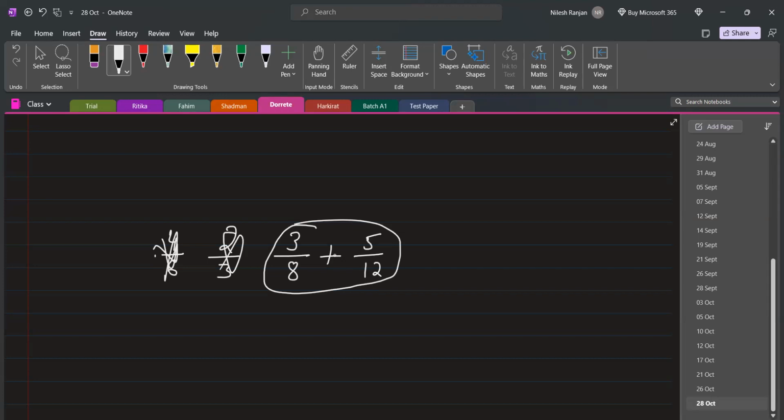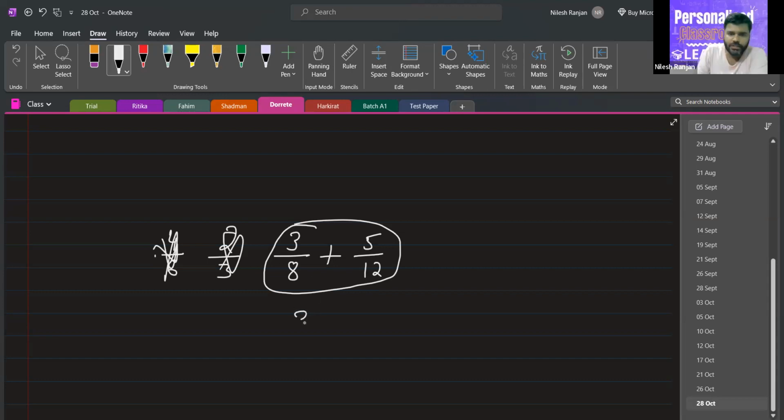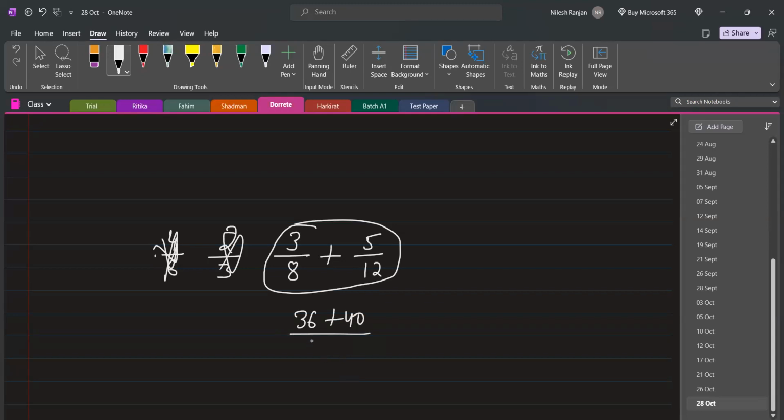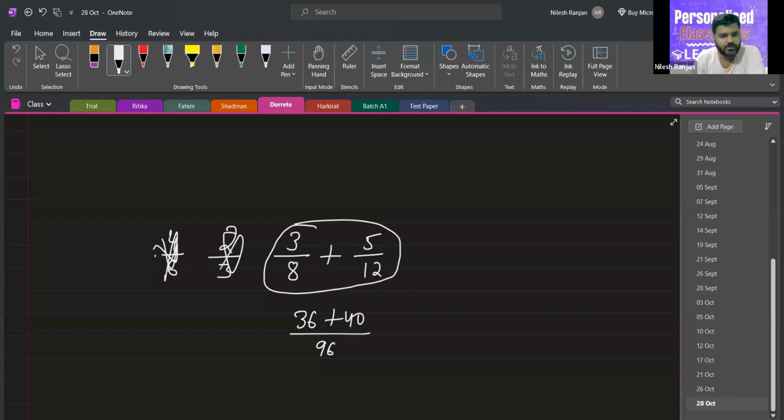I would do like 12 into 3, 8 into 5, and what answer I get, I'll add them, and then 8 into 12 I'll do. So you are saying 36, 12 into 3, 8 into 5, 40, divided by 8 into 12, means 96.